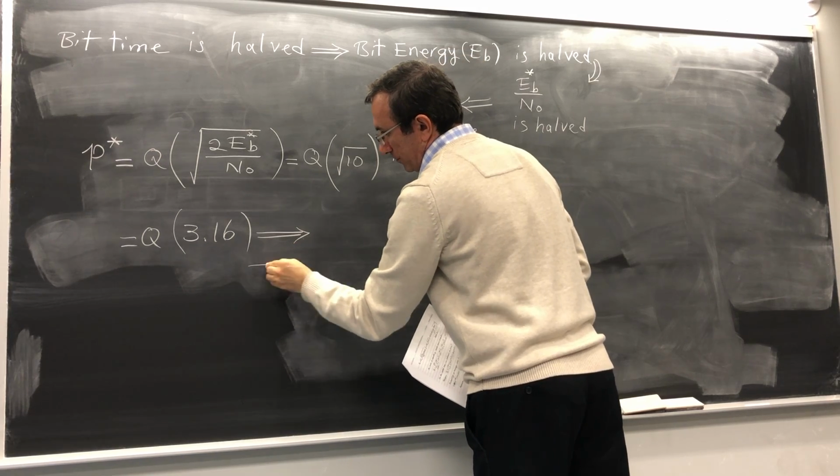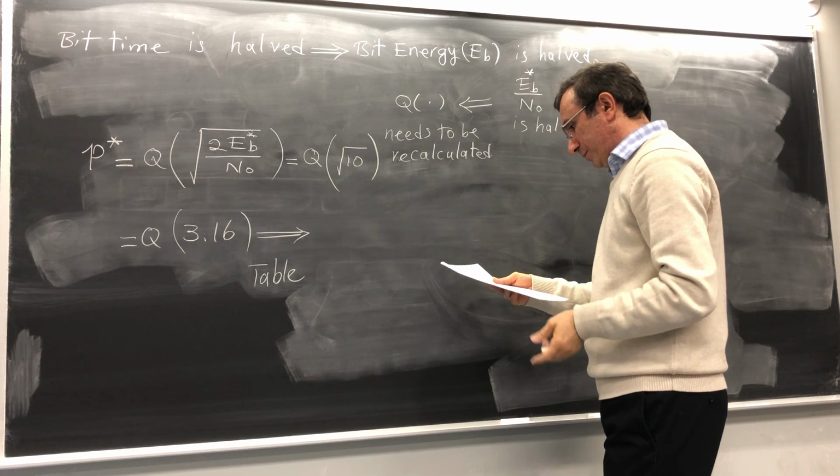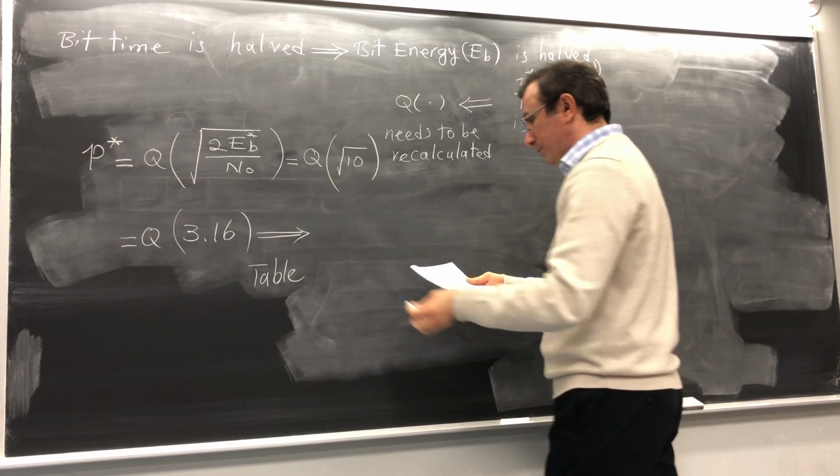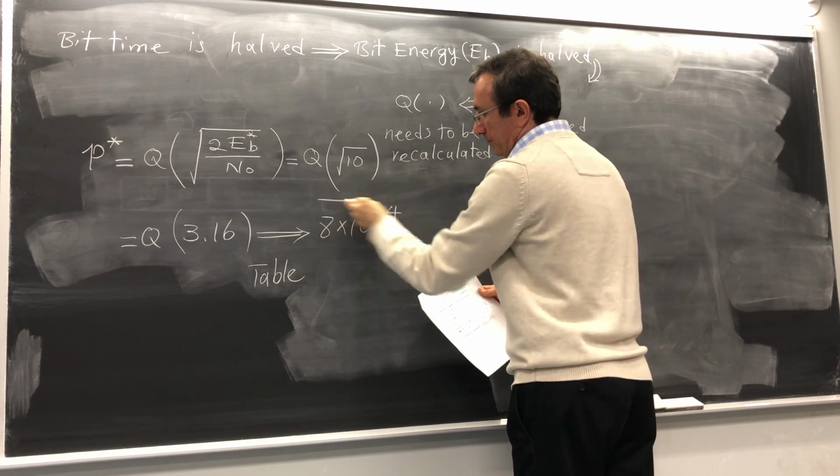So from the table, we can look up the value, and that's going to be 8 times 10 to the negative 4.